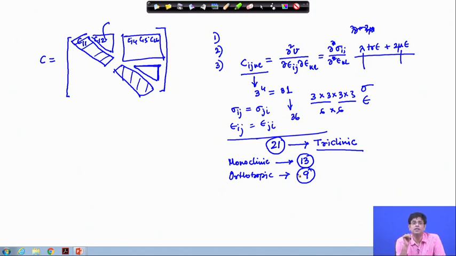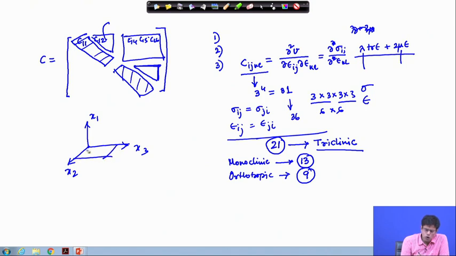Then for this orthotropic material, we again consider a plane of isotropy. If you remember the figure, this is how it is: x1, then x2 and x3. What we assume is that the x2-x3 plane is a plane of isotropy, and then the number of material constants reduces to 5.